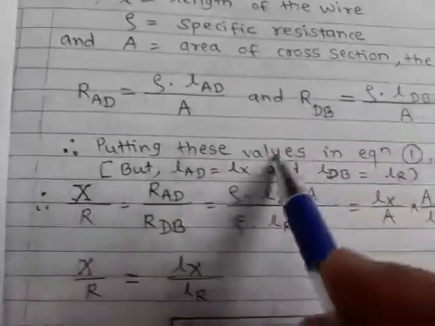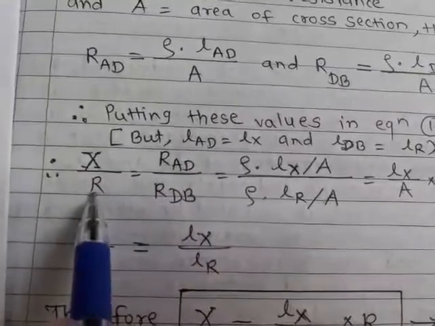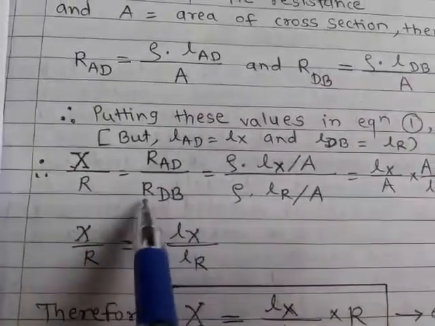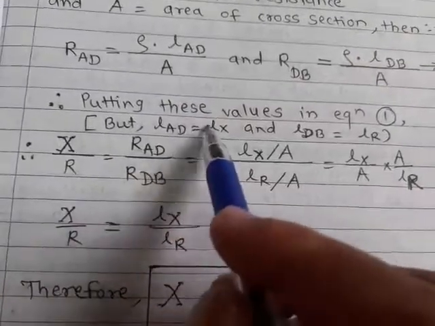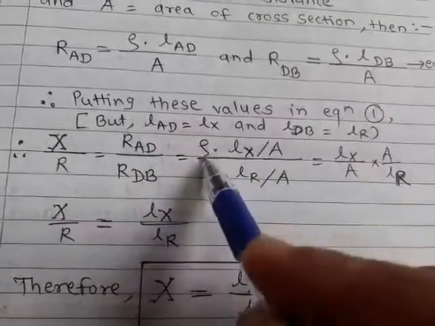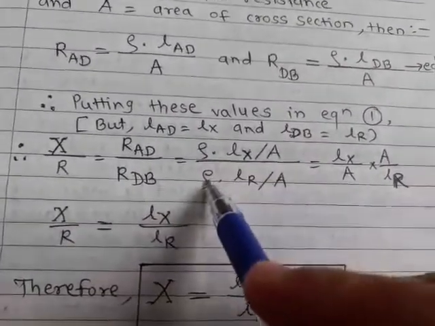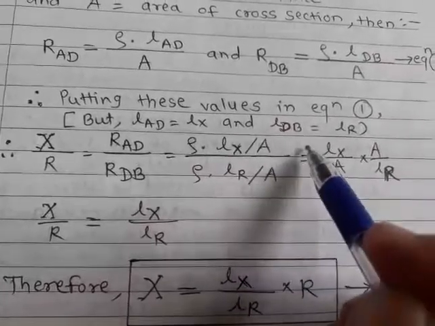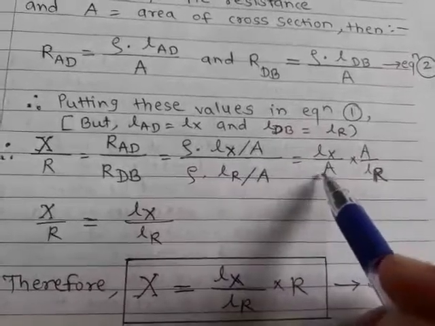Putting these values in equation 1, capital X upon R is equal to R of AD upon R of DB. But L of AD is equal to Lx and L of DB is equal to Lr, therefore it is equal to rho into Lx upon A divided by rho into Lr upon A, which is equal to Lx upon A into A by Lr, that is A gets cancelled.